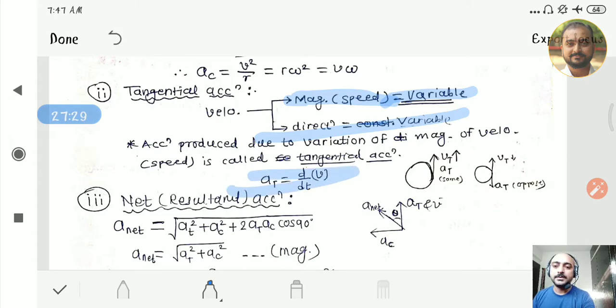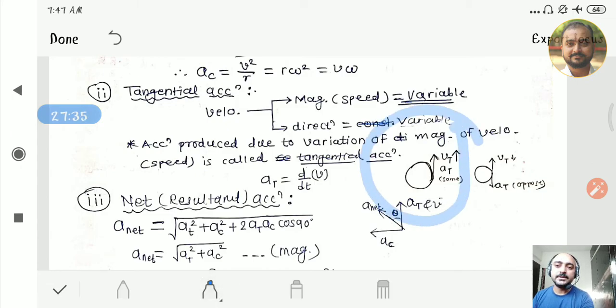We already discussed these things in the previous case: as the tangential velocity increases, the tangential acceleration is in the same direction. As the tangential velocity decreases, the tangential acceleration is in the opposite direction to that of the velocity.